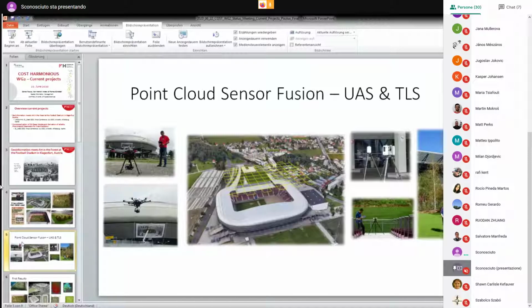What we used here was a combination, on the one hand, of photogrammetry, using an amateur system to generate a photogrammetric point cloud. Here you can see the mission plan.